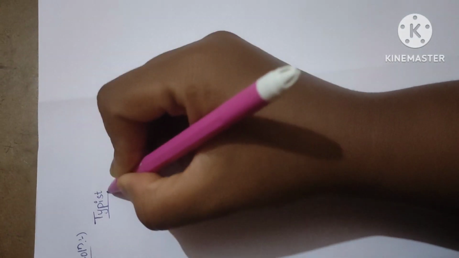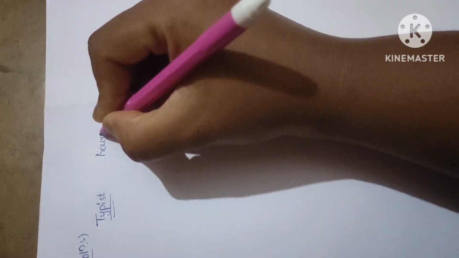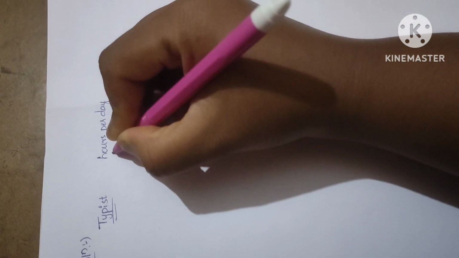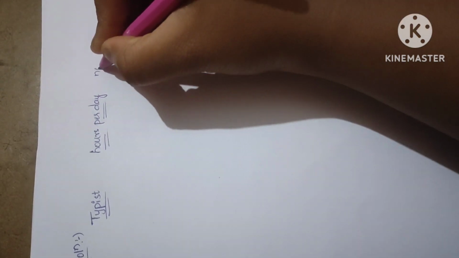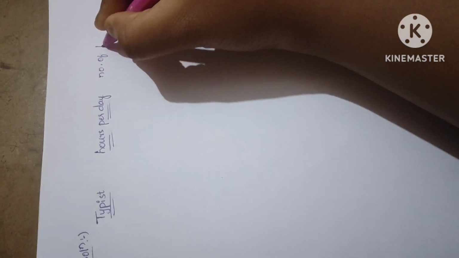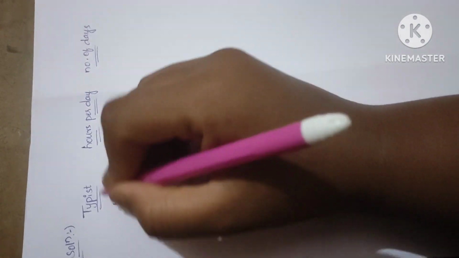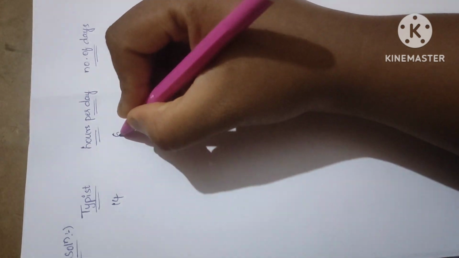First we have to write the quantities given in the problem: the number of typists, hours per day, and also the number of days to complete the work. So first, 14 typists working 6 hours per day can complete the work in 12 days.